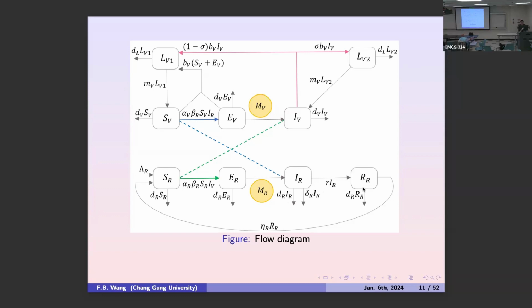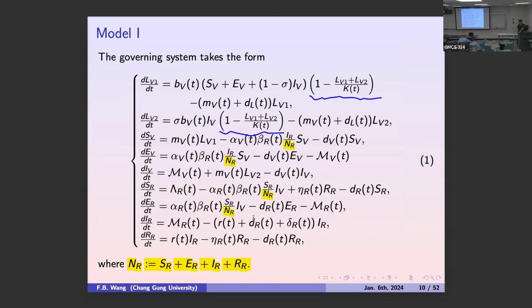So you go to this class, and it has the natural death rate. And here for birds, they can lose the immunity. That means the recovered class can become susceptible again, with this rate. So you can see this is our model.